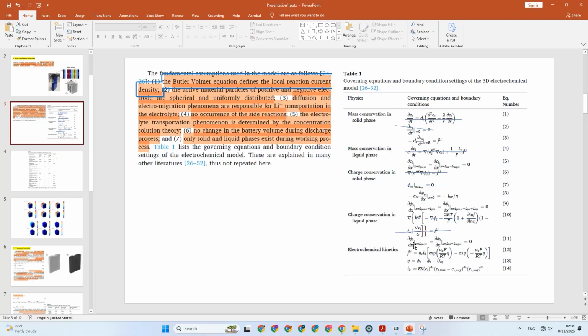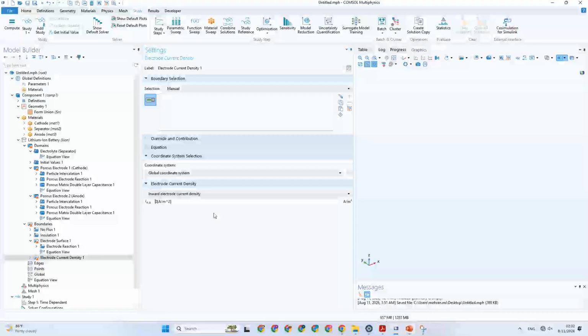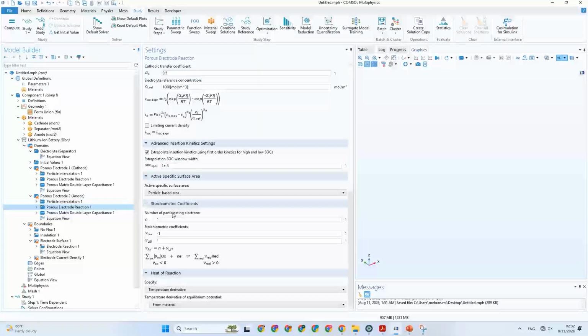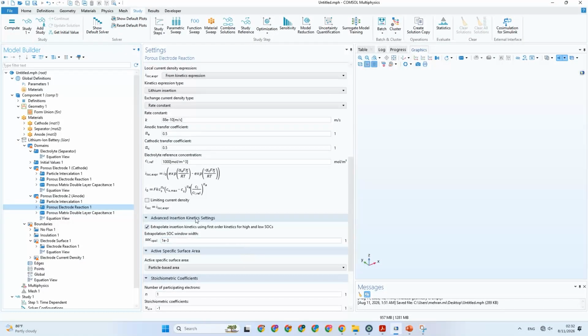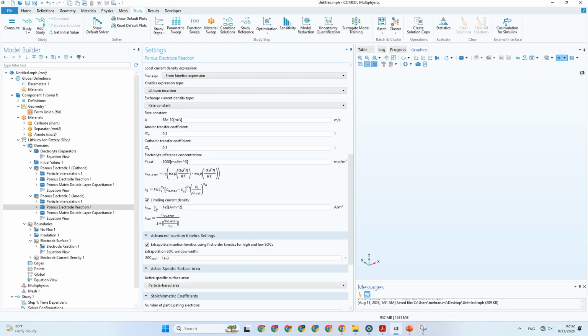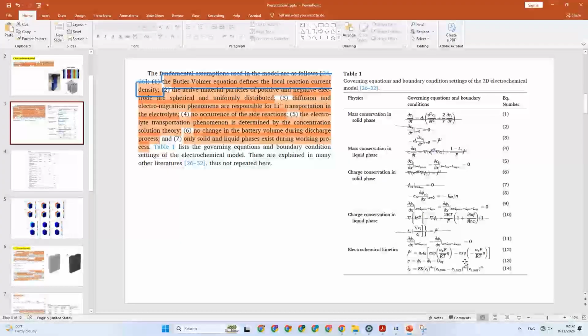Here we have electrochemical kinetics, JLI, alpha, gamma, I0. Let me check this part. Here we have porous electrode reaction. We have the same equation: I0, exp, alpha, A, F, eta. We have C, the same equation. If we choose limiting current, it must be, we have ILOC, but we don't see ILOC.